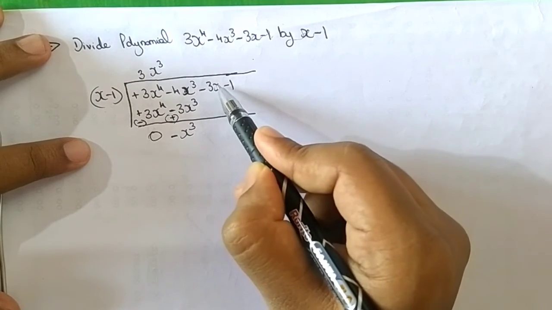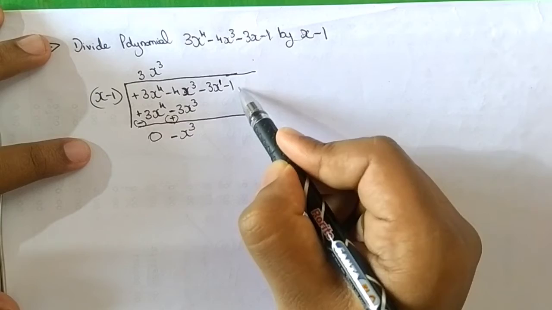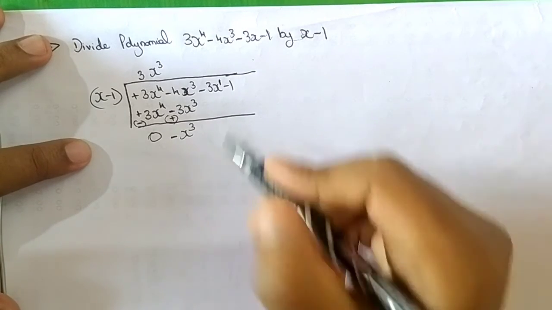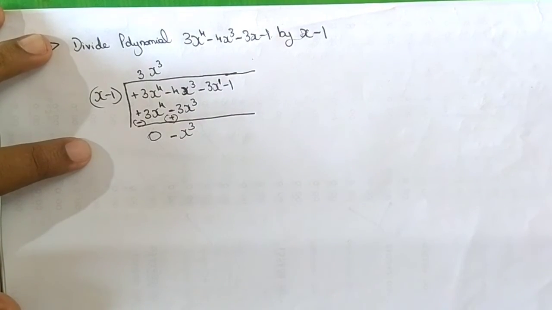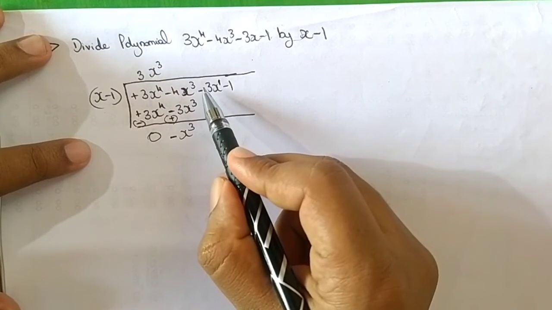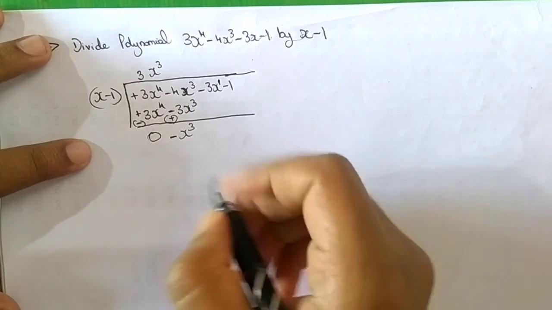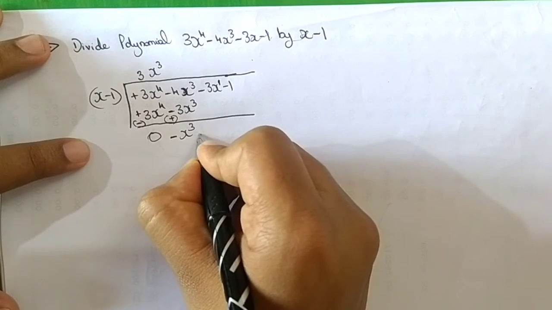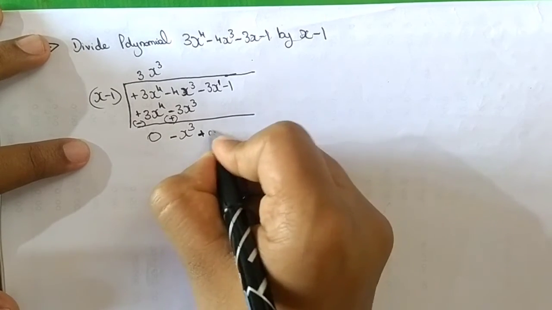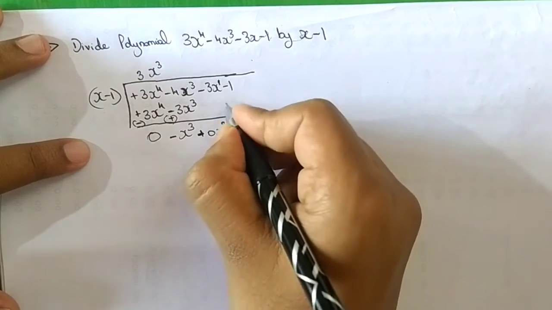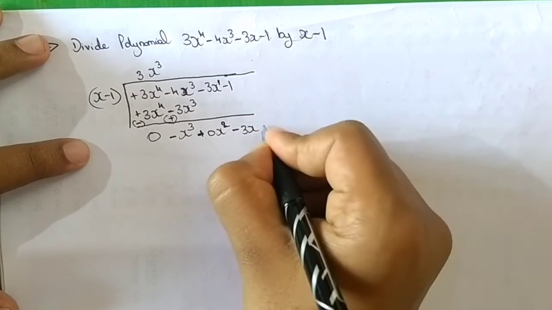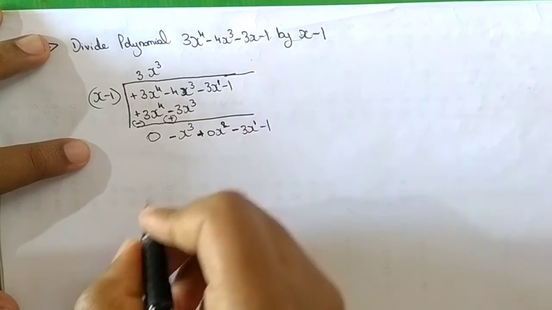We directly jumped to x power 1 and x power 0, that's only the constant, and here the constant is 1. What we need to focus on is, since the x square term is empty here, we should take that empty term only, 0x square. Take down the remaining terms here, 3x power 1 minus 1.